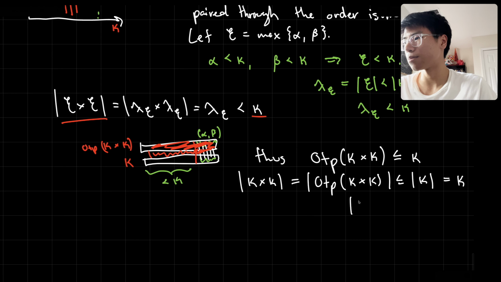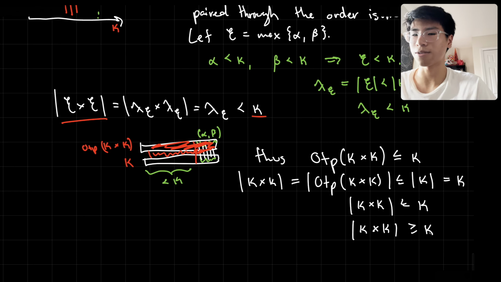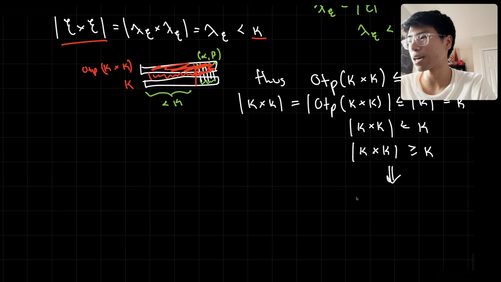All in all, we have kappa crossed with kappa is less than or equal to kappa. Furthermore, it is quite obvious that kappa crossed with kappa is greater than or equal to kappa. Therefore, altogether, we know that the cardinality of kappa crossed with kappa is equal to kappa.